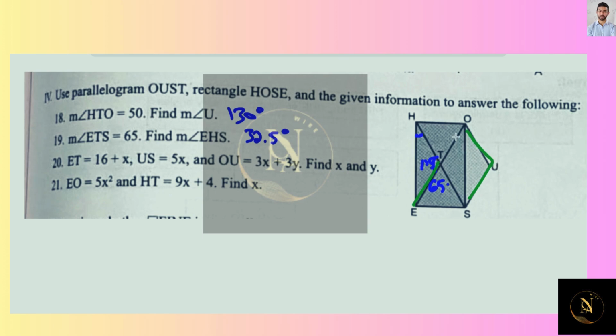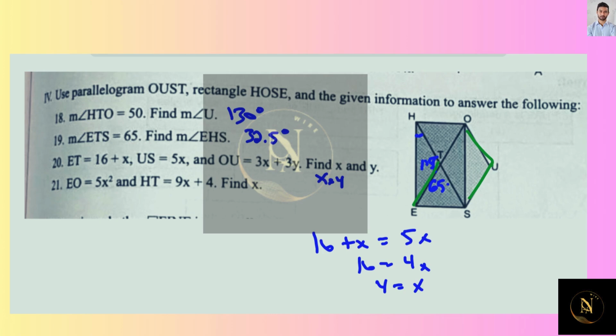And then this is a parallelogram, opposite sides are congruent. So you can set any of these parts equal to each other. Let's start with just saying 16 plus x is equal to 5x. And 16 is equal to 4x, and x is equal to 4. And if x is equal to 4, that means these are all length 20.